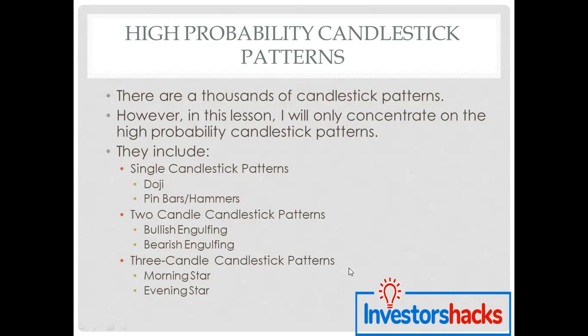And this means that there will be a combination of three candles that will give us a particular high probability pattern. This does not mean that these are the only types of single, two, or three candlesticks patterns, but there are many. However, as I said, I have tried to extract the most powerful and high probability ones that, when you master trading them, give you higher chances of making profits in the market.